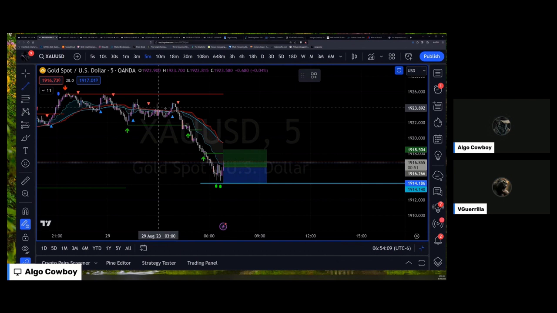Okay, so my entry, which I'm already in profit, was on gold, and I filled at 1916.90. So we're going to put 1916.90. And my stop loss, what do I have? 1914.